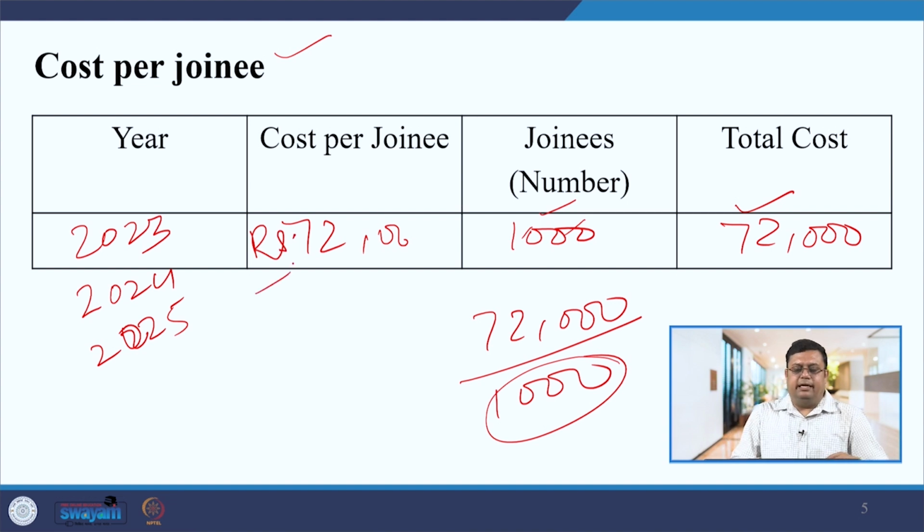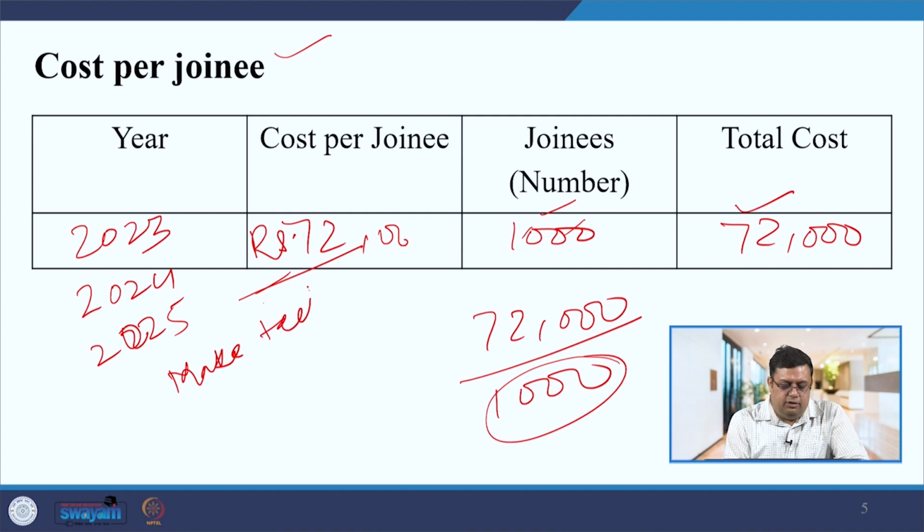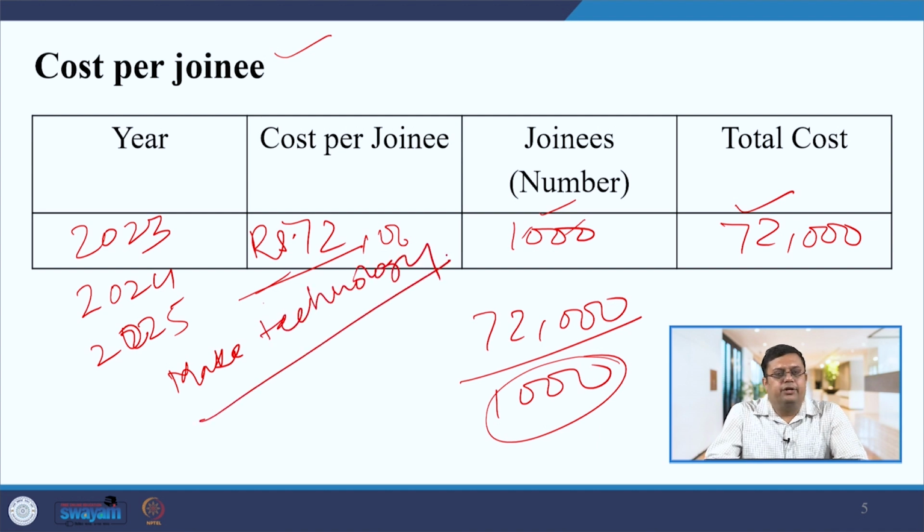So that is how you can analyze every year whether this cost per joinee is going up or it is going down, right. So if you want to decrease it, then you can make a decision about the technology, whether you can use the technology to reduce the cost per joinee or not.